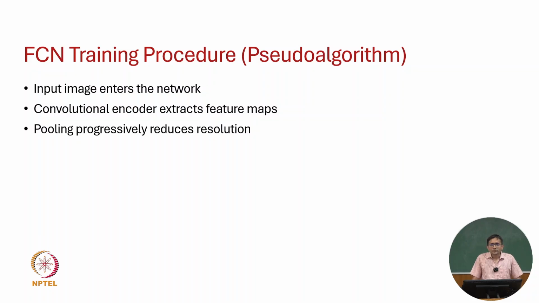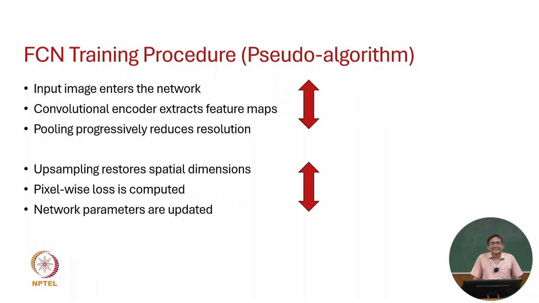Now, the later part, where the difference is from the classification type network, which we already discussed in today's lecture, is coming here, right? In the second part, for making it clearly identifiable, I have put two different red arrows.